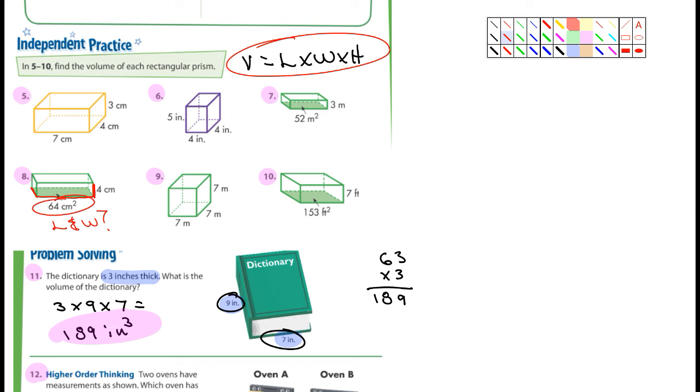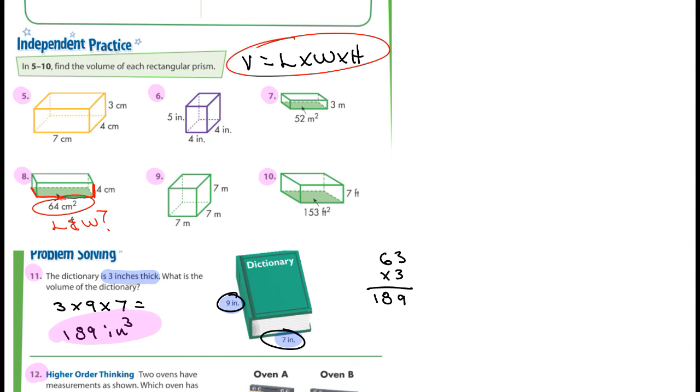So what 2 numbers could equal 64? Oh, you know what? It'll be easier. You don't need to really figure out the length and the width. My bad.